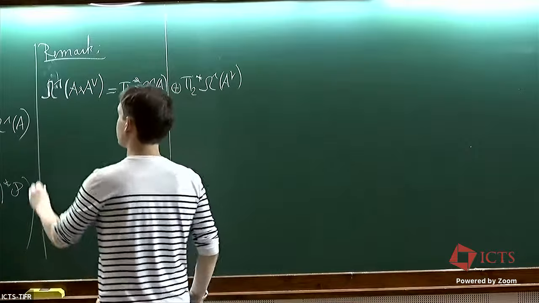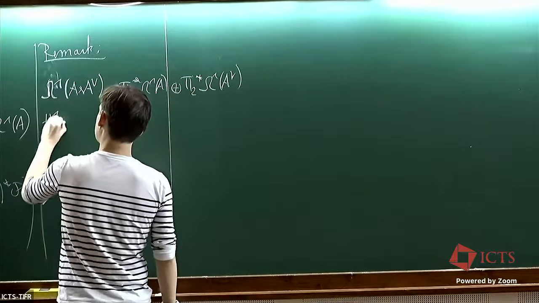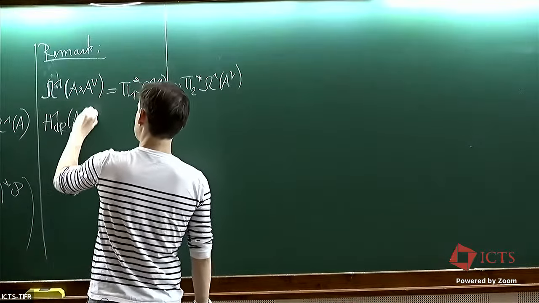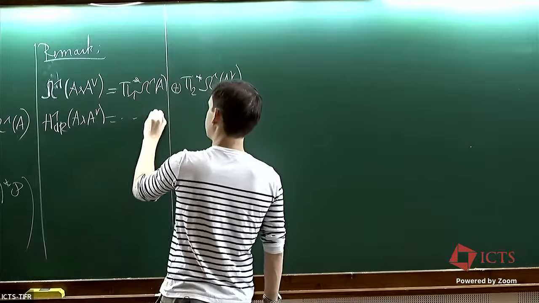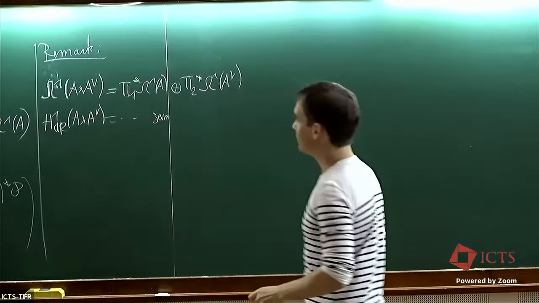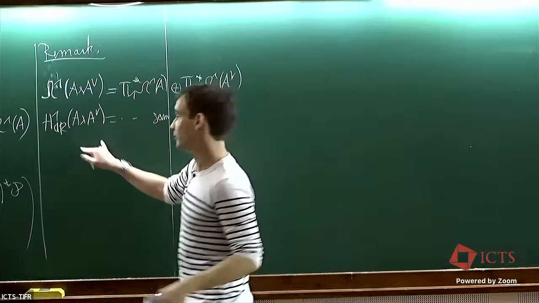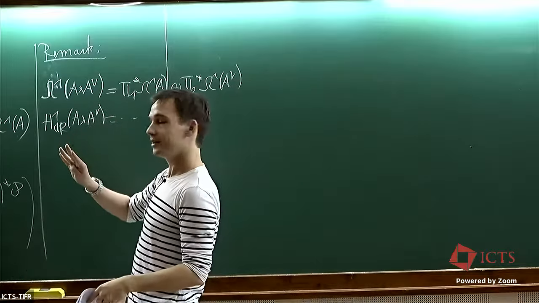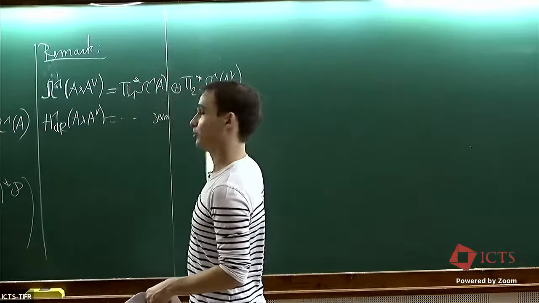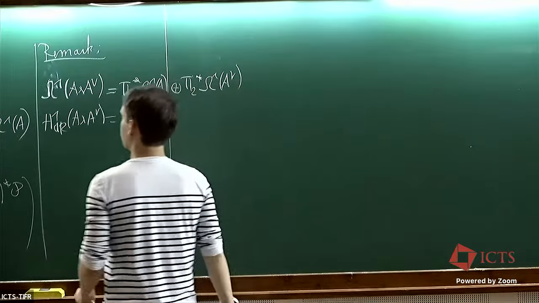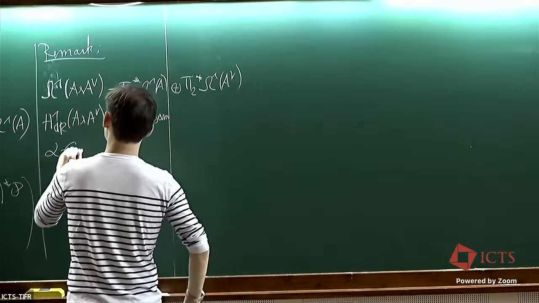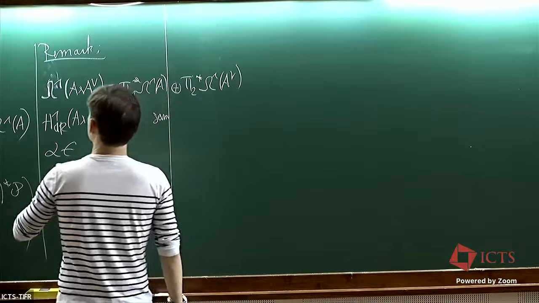And actually the same happens for H1 de Rham. Same. Okay. It means you have two pieces here. When in tensor, you have 4 pieces corresponding to the tensor products respectively.